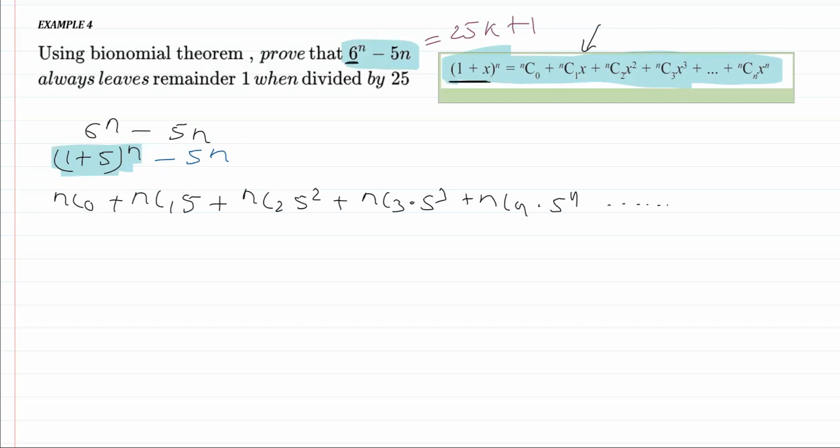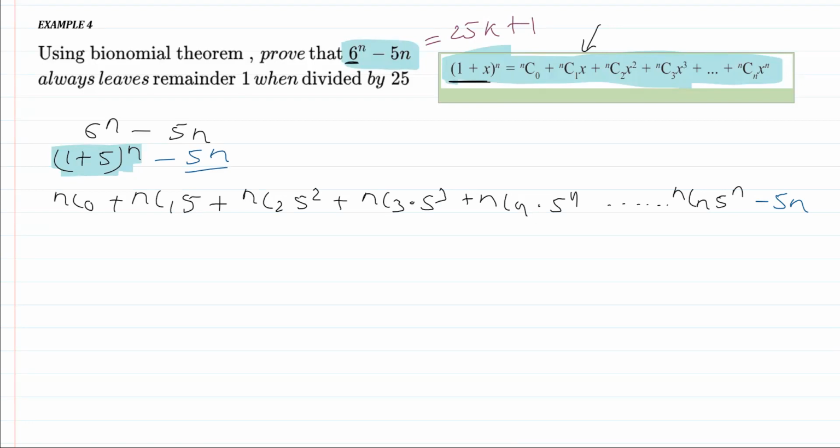And finally, it is nCn, 5 raised to the power n, being the last term. And then it's minus 5n at the end. That's not a part of the expansion.